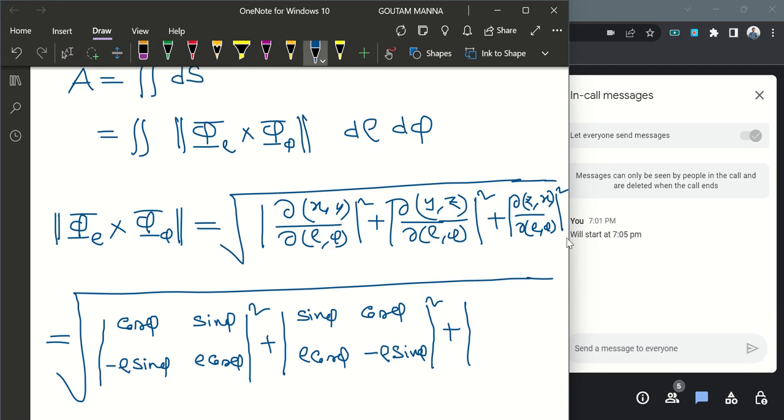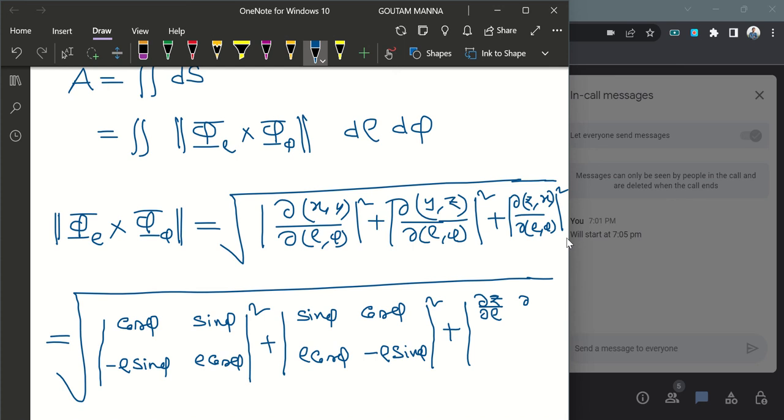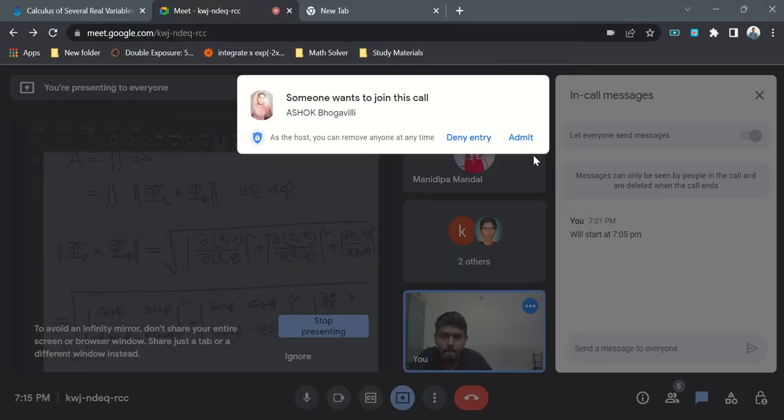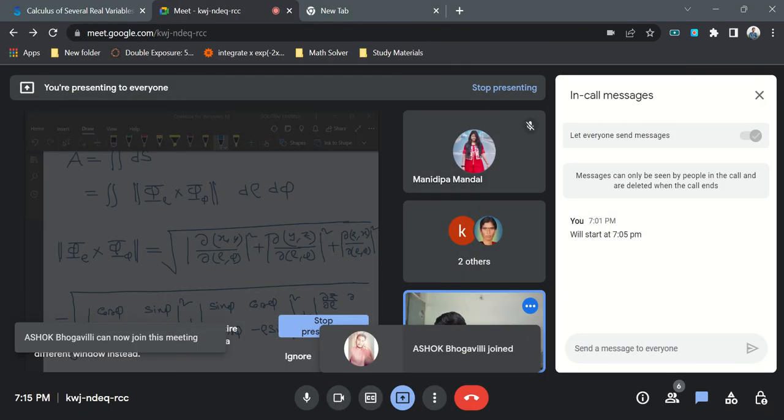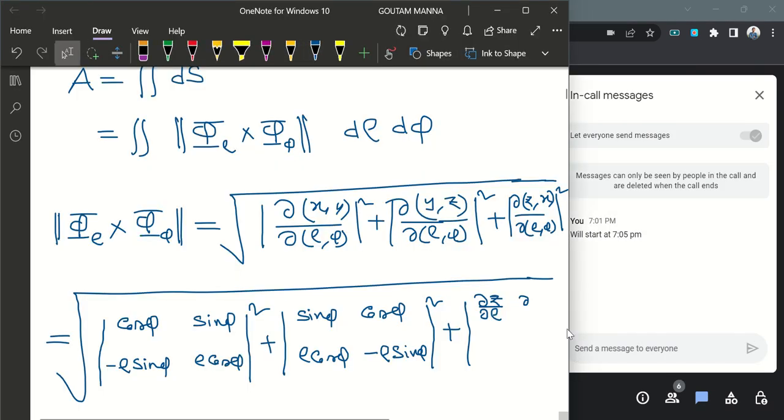so here we have del z del rho, del x del rho, and del z del phi, and del x del phi, mod square.